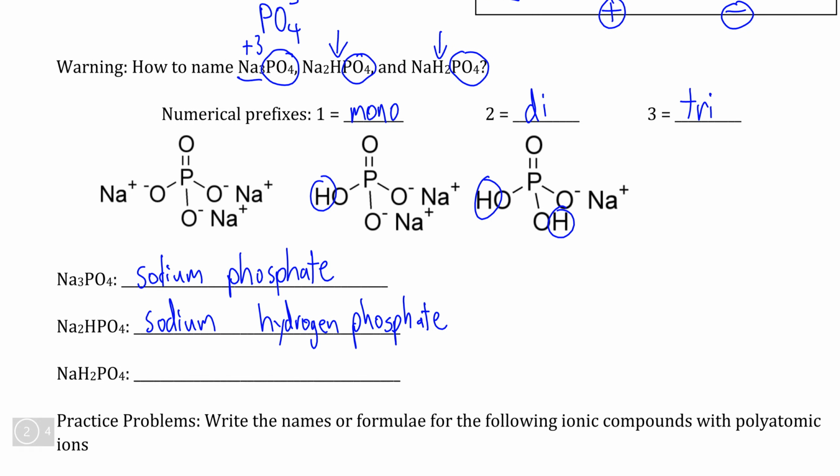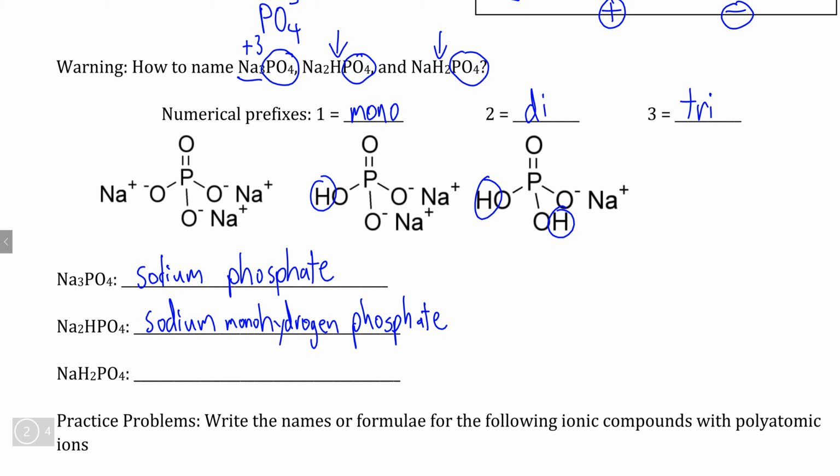So if we want to name this one here that has 1 hydrogen to differentiate the fact that it has 1 from this one that has 2, we can add the prefix mono next to hydrogen, saying that the cation is sodium, the polyatomic ion is phosphate, but that phosphate has 1 extra hydrogen in its structure.